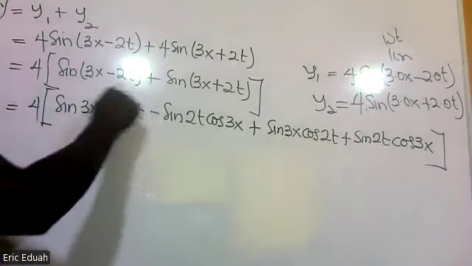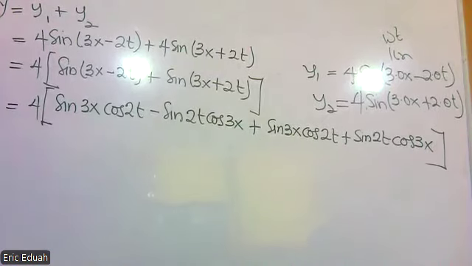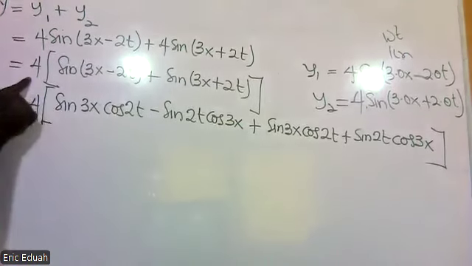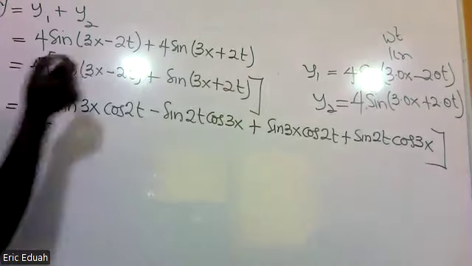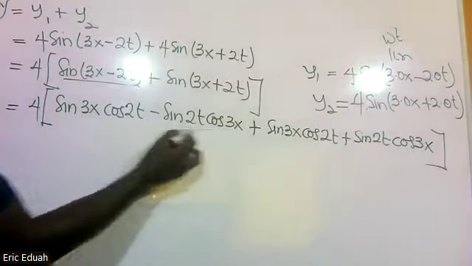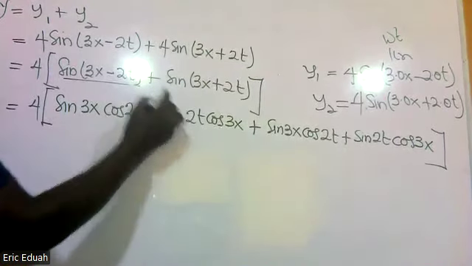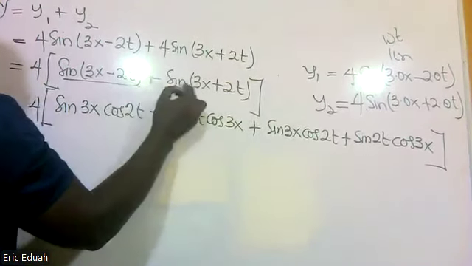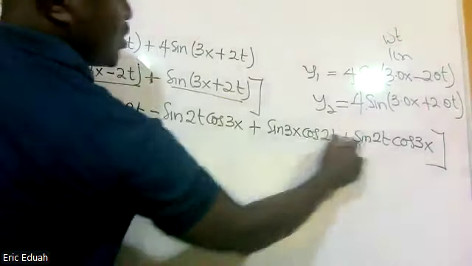I'm expanding what is within the bracket after factorizing out 4. So if the expansion of this is this, then plus the expansion of this one, which is also this.